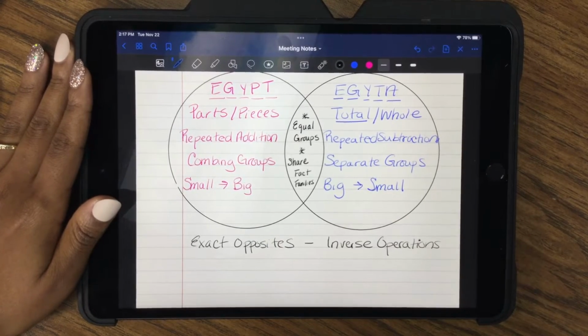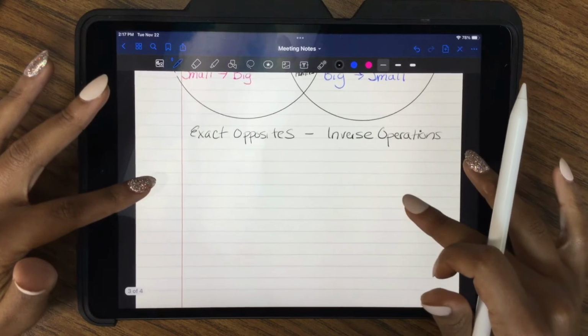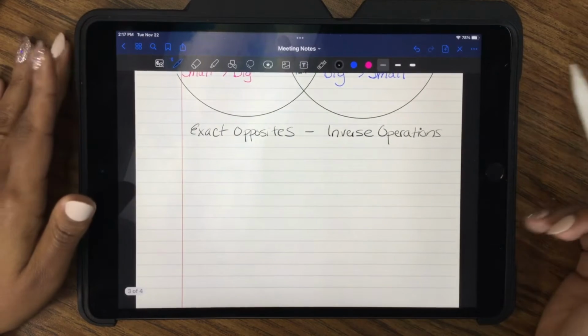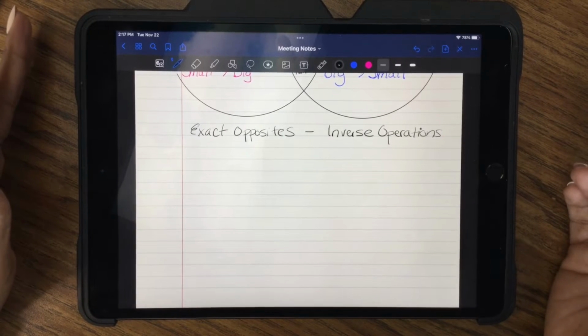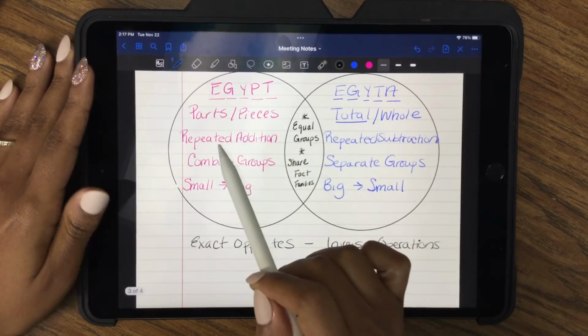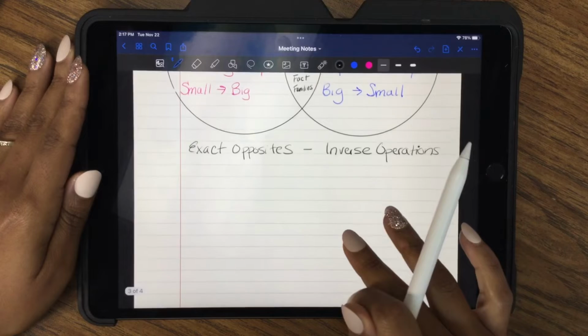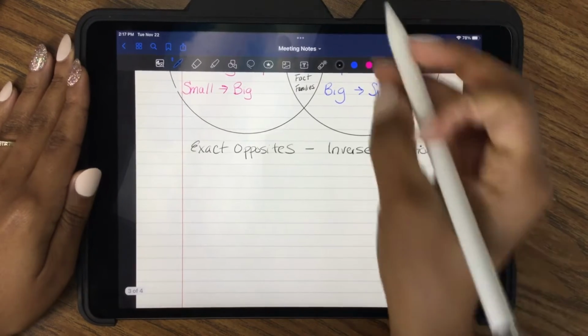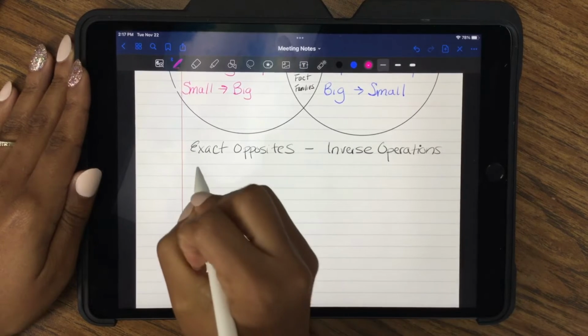Cool. So one thing that I find that a lot of kids sort of get confused about is, well, how do I know if I multiply or add then? Like, you're telling me that multiplication is repeated addition, so why can't I just add? Well, let's look at our example again when we said 3 times 5.